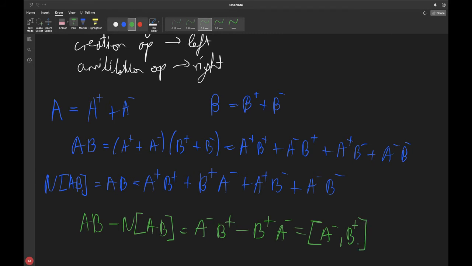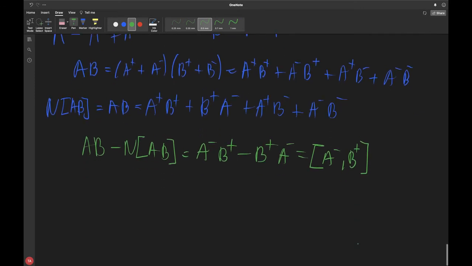So let's now give these A and B some space-time coordinates. So let's say that the A goes with x space-time and the B goes with the y space-time coordinates.